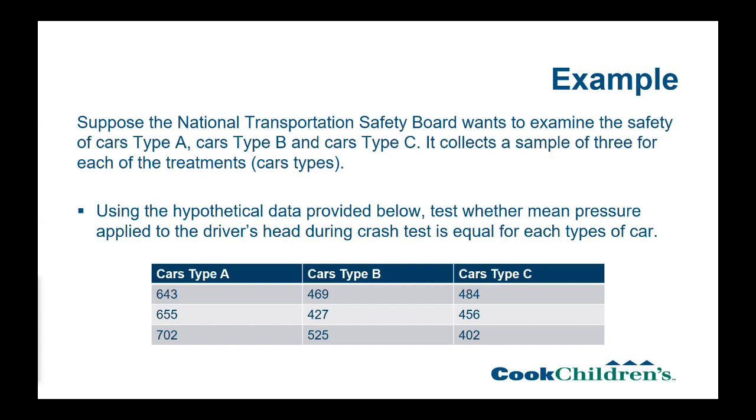Using this hypothetical data, we're trying to test whether the mean pressure applied to the driver's head during a crash test is equal for the three different types of cars.